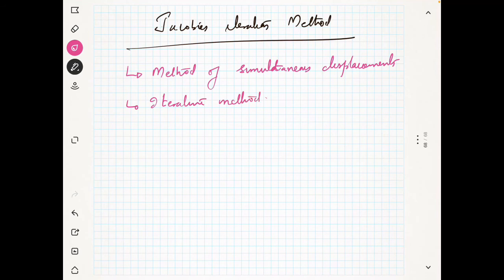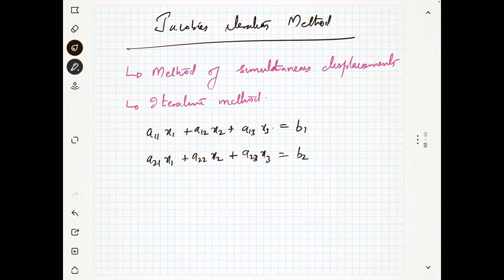So let us consider a set of linear equations. Let's say we have equation a11 into x1 plus a12 into x2 plus a13 into x3 equal to b1. Now a21 into x1 plus a22 into x2 plus a23 into x3 is equal to b2.